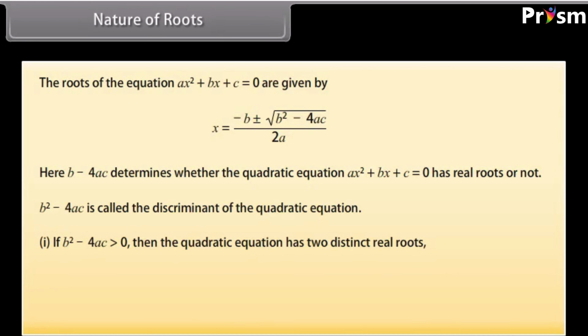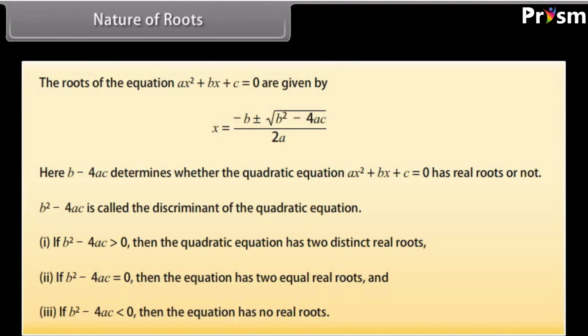If b² − 4ac is greater than 0, then the quadratic equation has two distinct real roots. 2. If b² − 4ac is equal to 0, then the equation has two equal real roots. And 3. If b² − 4ac is less than 0, then the equation has no real roots.